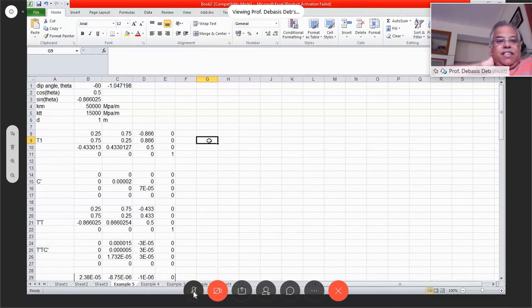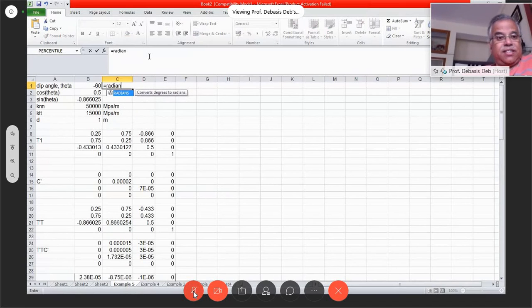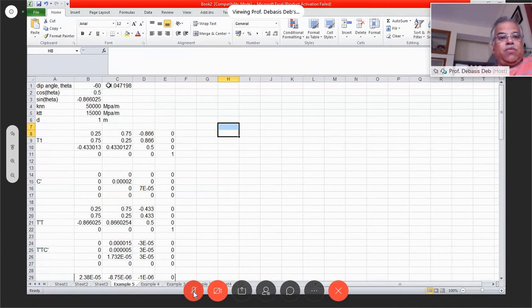Okay, let's say the first example. This is minus 60 degree. So theta, that is how you are going to rotate it. This is basically converting into radians.